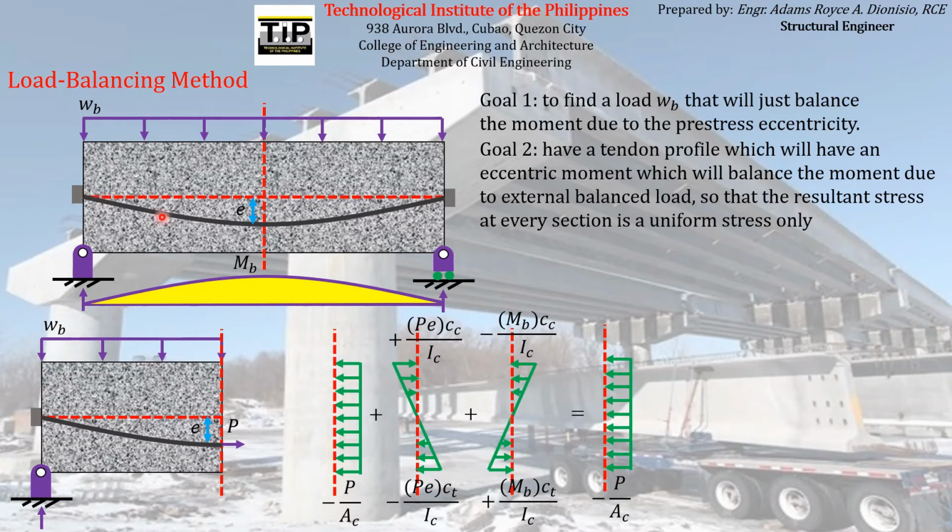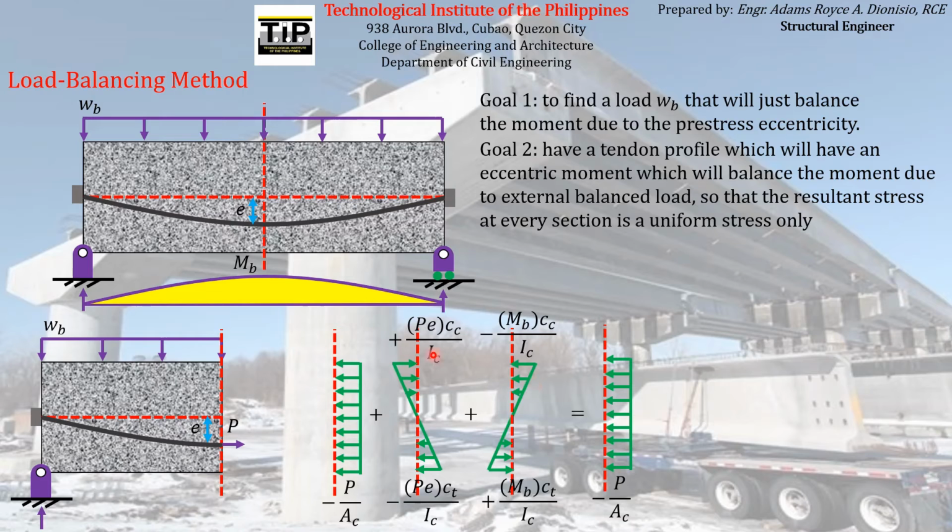So in this way, by having this type of tendon profile or profile of the pre-stressing reinforcement, we can make sure that at every section we will have a diagram of stresses that will just look like this.